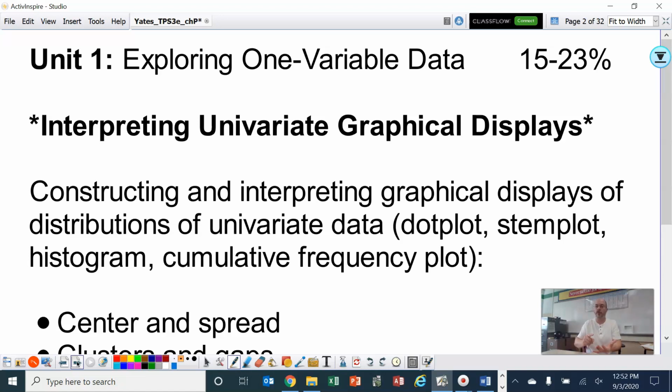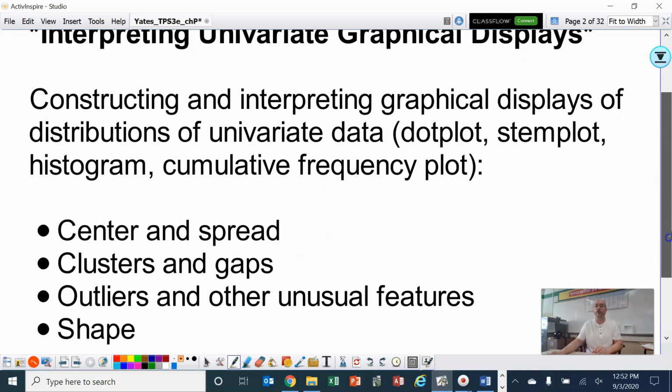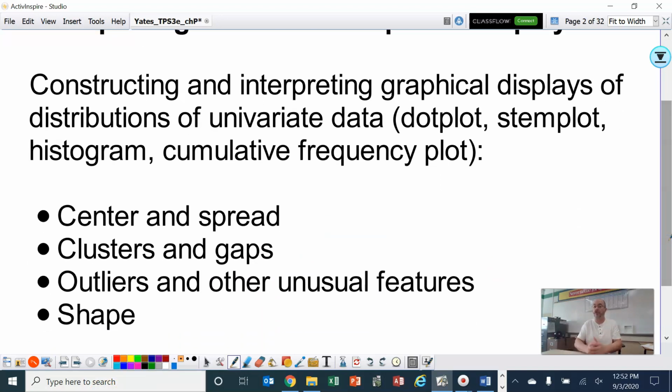Well, we're going to interpret univariate graphical displays. Now, univariate, uni means, remember, one. So what are some things that we're going to do? Well, constructing and interpreting graphical displays. We have dot plots, stem plots, histograms, cumulative frequency plots, okay?